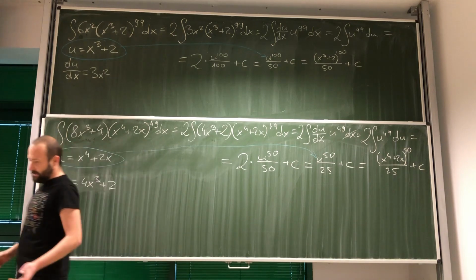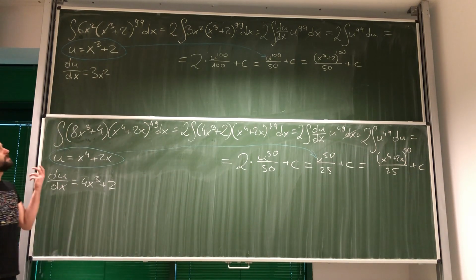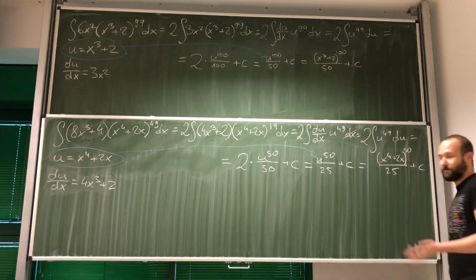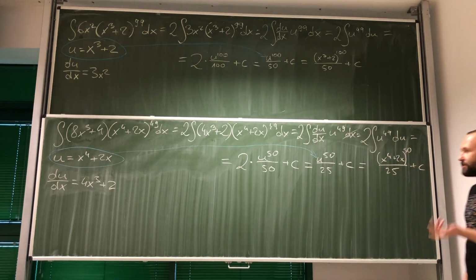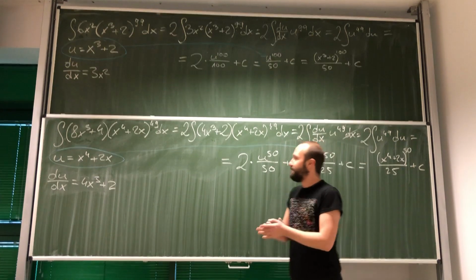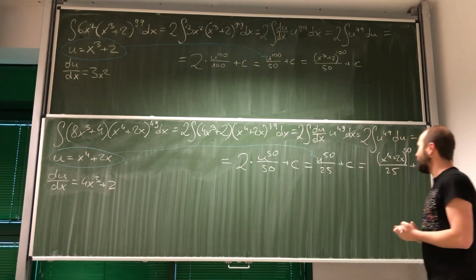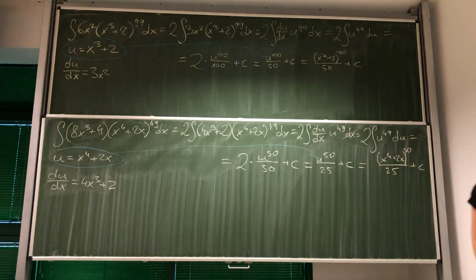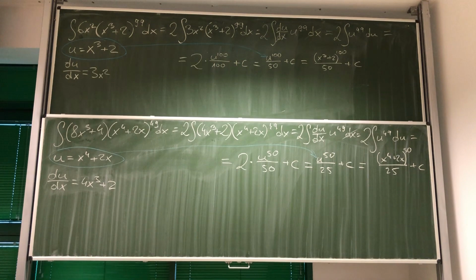Okay, and look, this is it. This is how integration by substitution works, and this is also how we use it. So the only thing left for you is to practice and just do a lot of exercises using this rule. Thank you for your attention and see you in the next video.